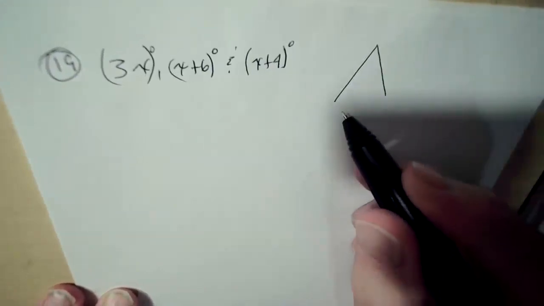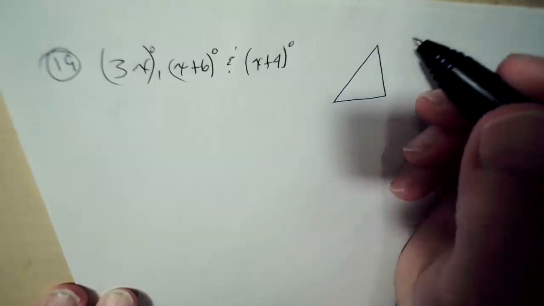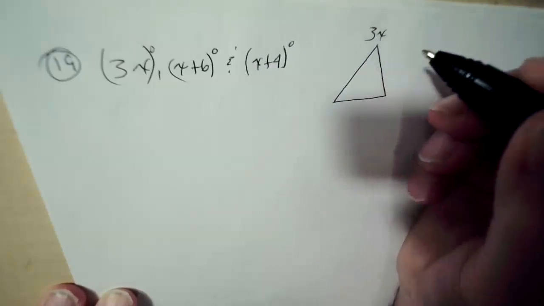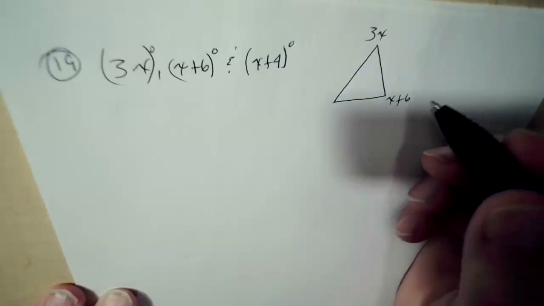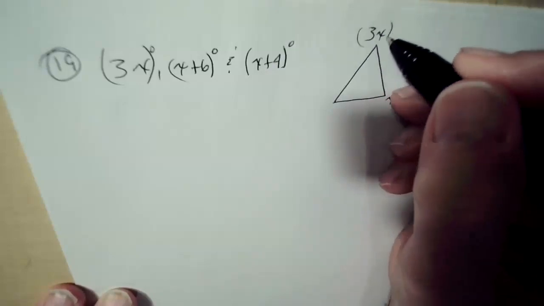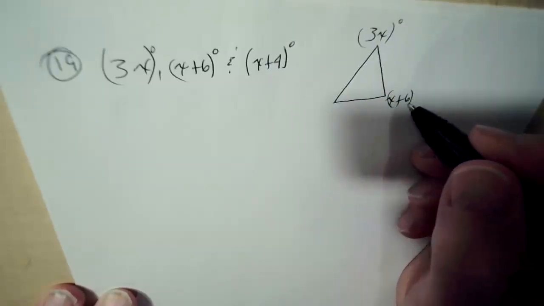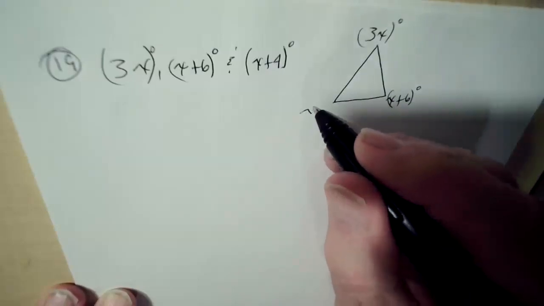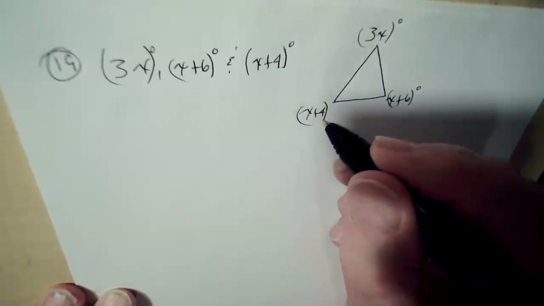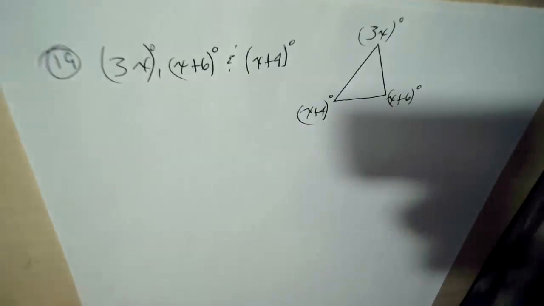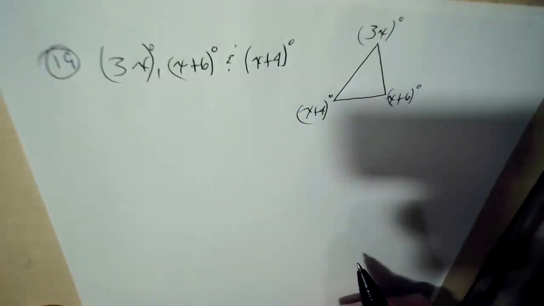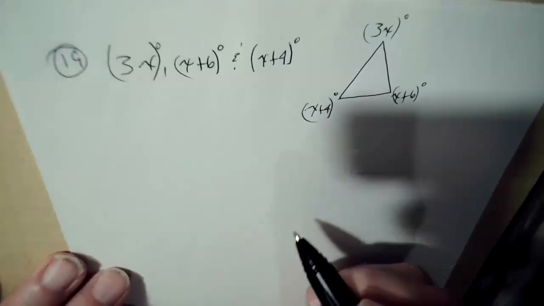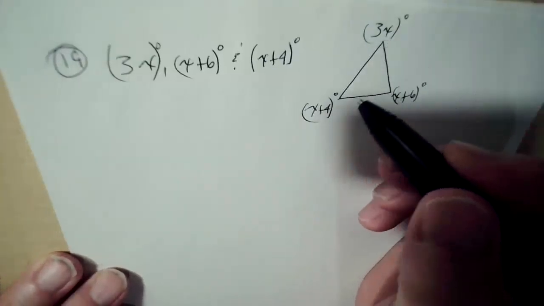Okay, I'm sorry, but I have to draw pictures. This one's 3x. This one is x plus 6 degrees, and this is x plus 4 degrees. Now we know that the interior angles of a triangle add up to 180 degrees.